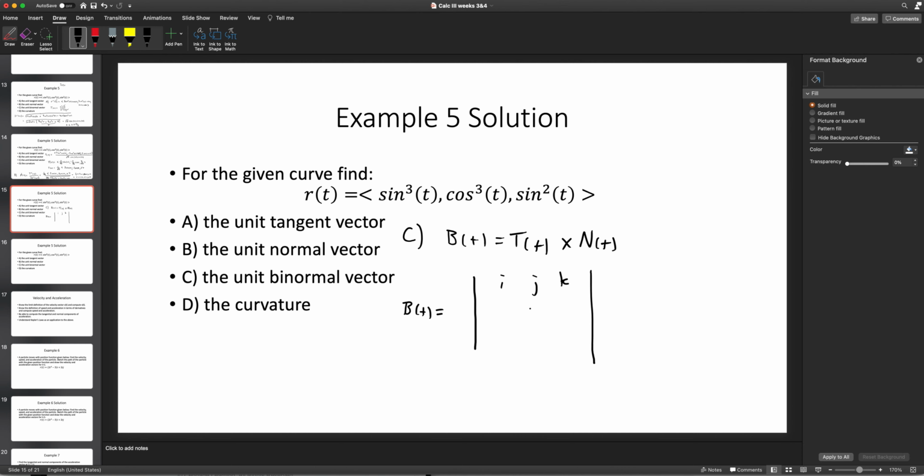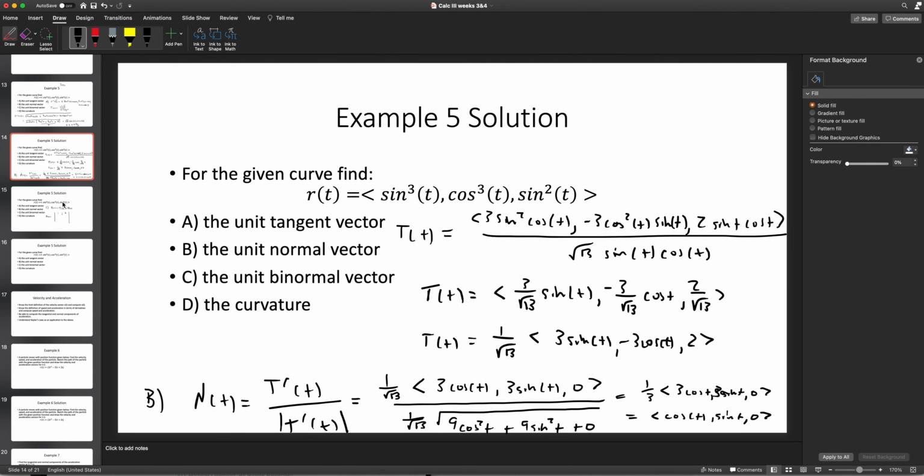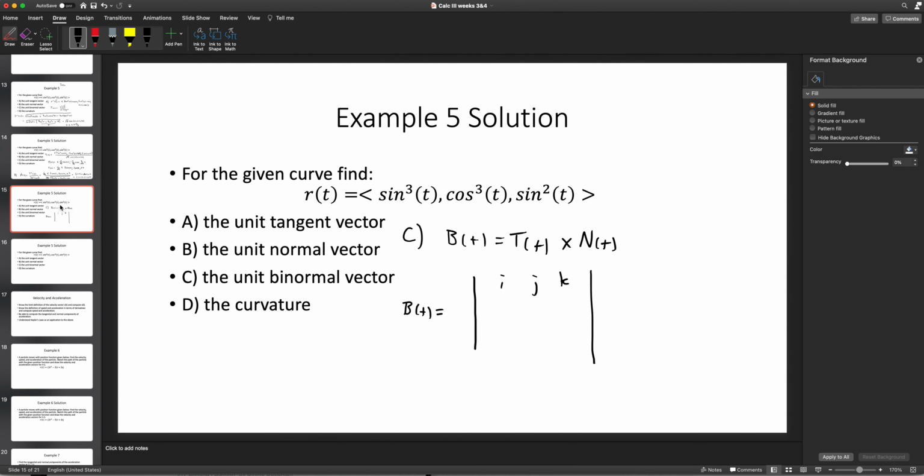It's a row vector, so 3 over root 13 sin t, sorry if my writing's a little small, negative 3 over root 13 cos t, and 2 over root 13.